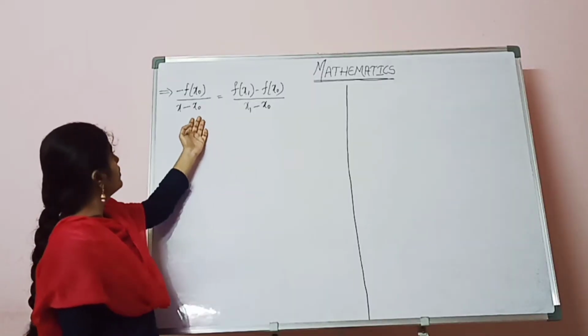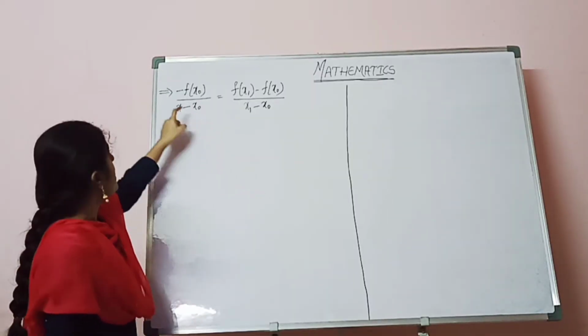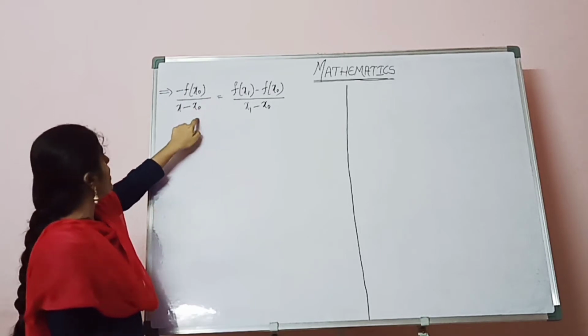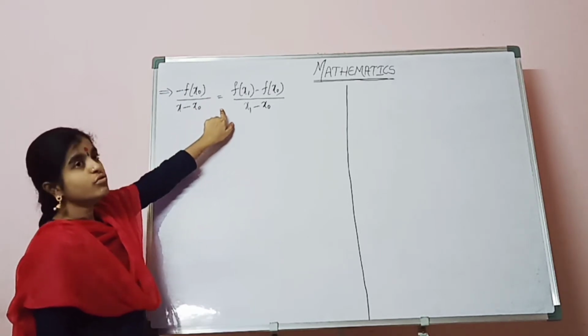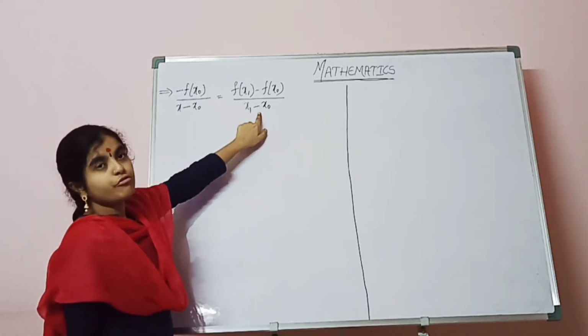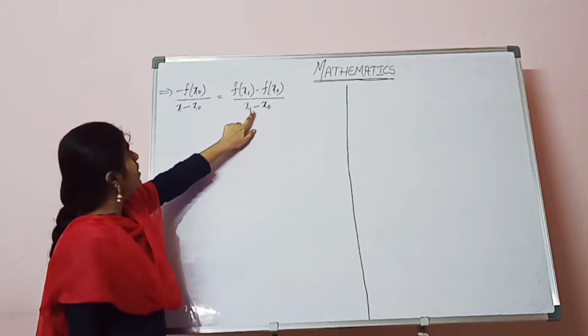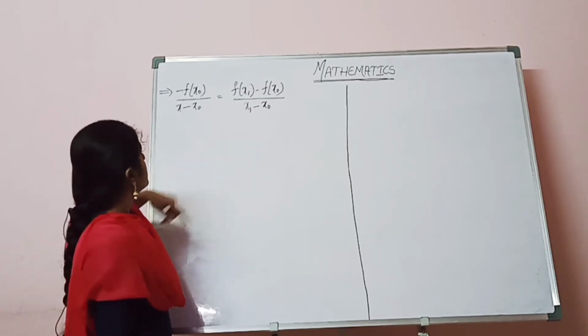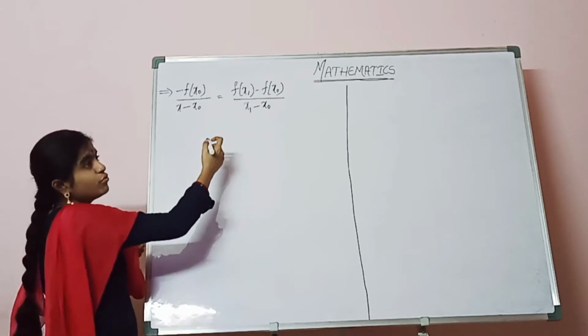After substituting y equals 0, we get minus f(x0) by x minus x0 equals f(x1) minus f(x0) by x1 minus x0. Now we do cross multiplication.